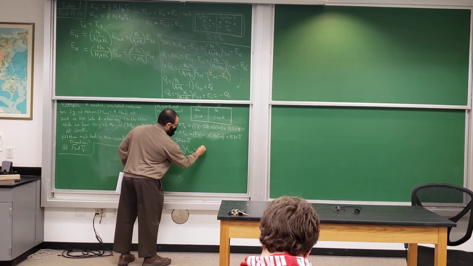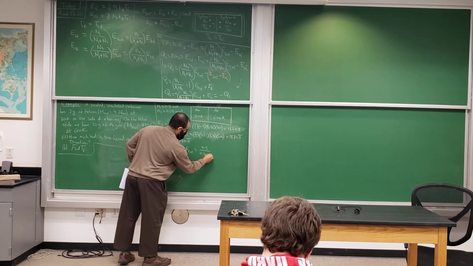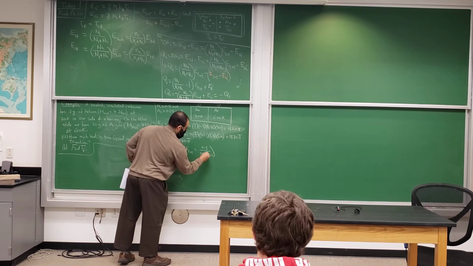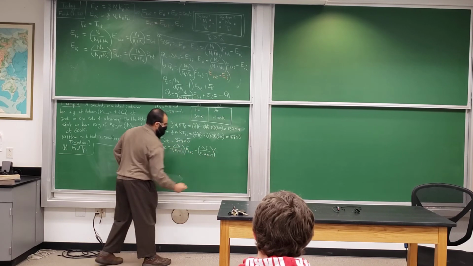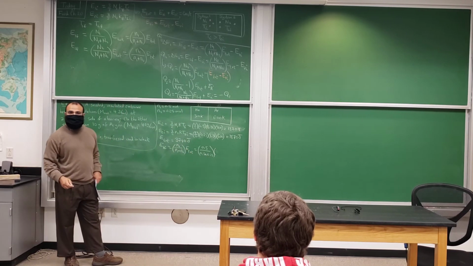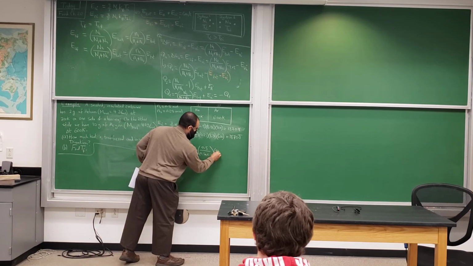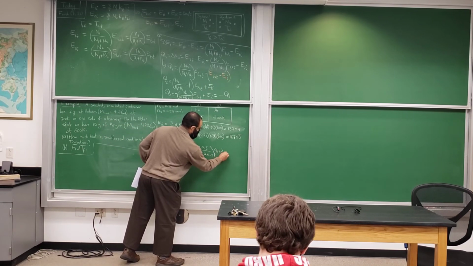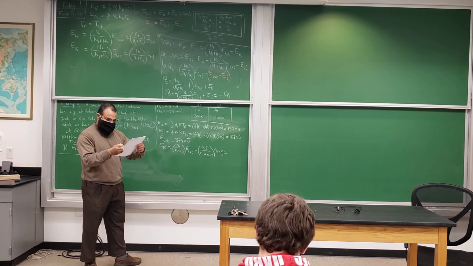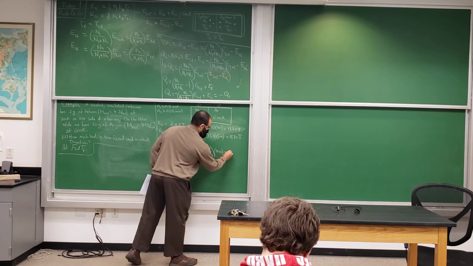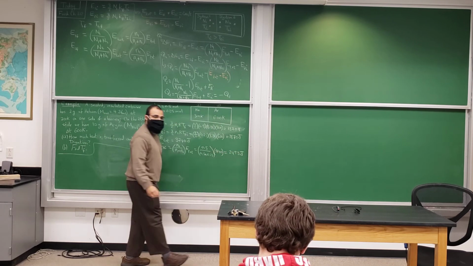So you have 0.5 over 0.5 plus 0.25 times 3740, the total energy. And that gives me 2493 joules.